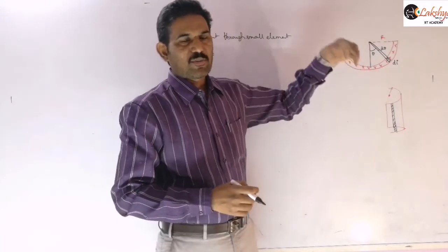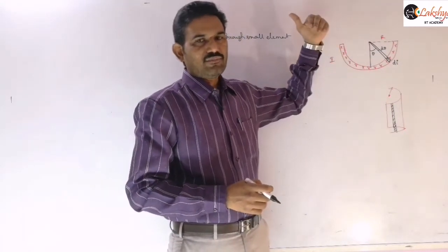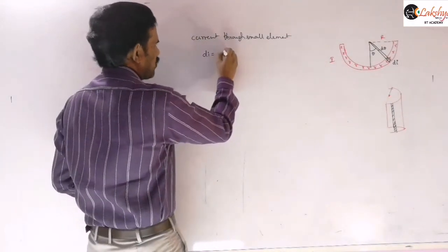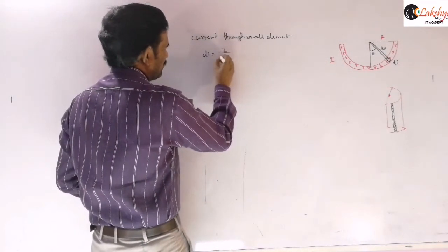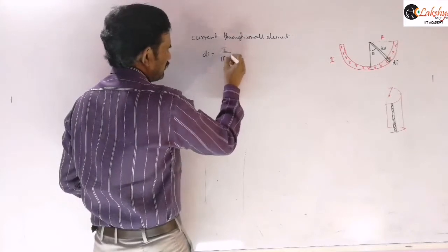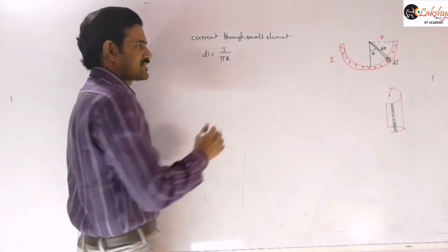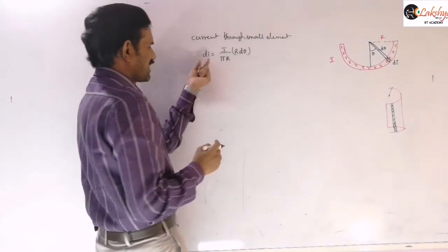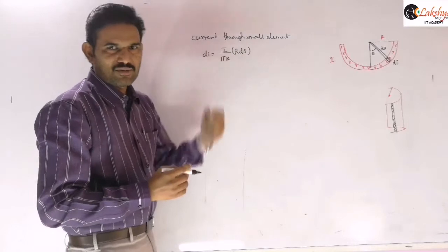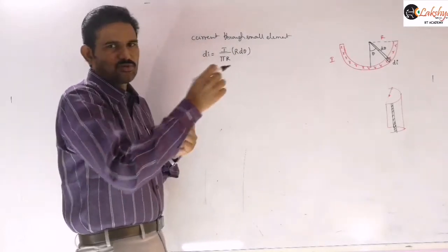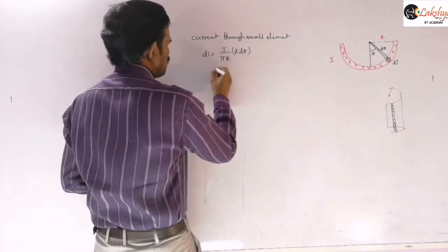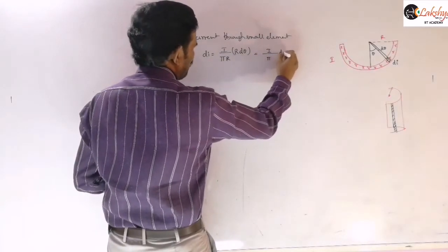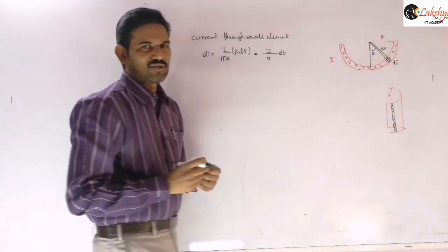That means it is passing through a length of pi r, the semicircumference. So that can be written as I by pi r. Now our element length is nothing but r d theta. That means current per unit length into the length of that element. That current is distributed uniformly on that cylinder. Therefore this value I can write as I by pi into d theta. So that is the current through the small element.